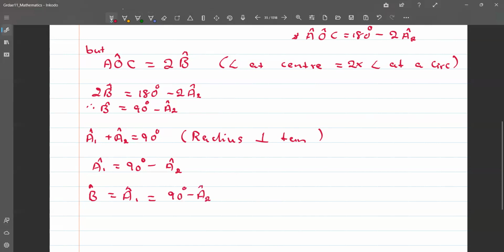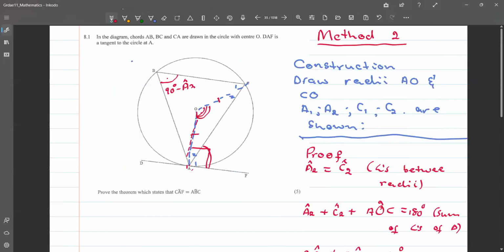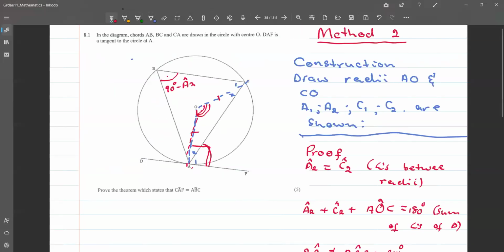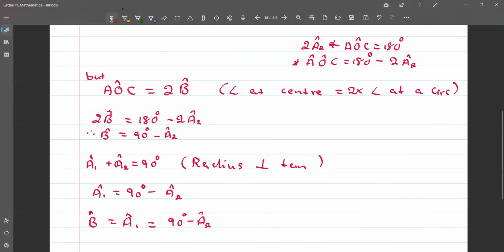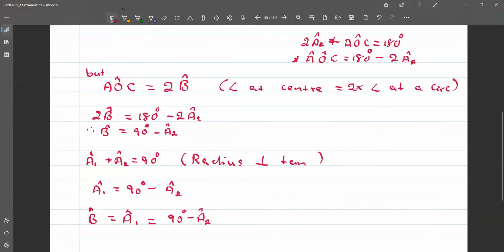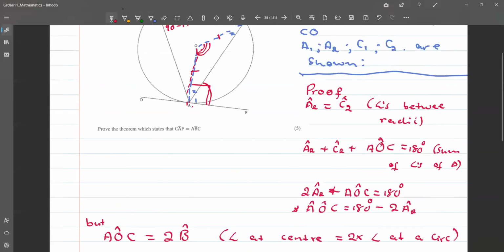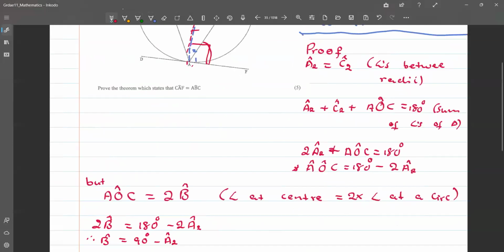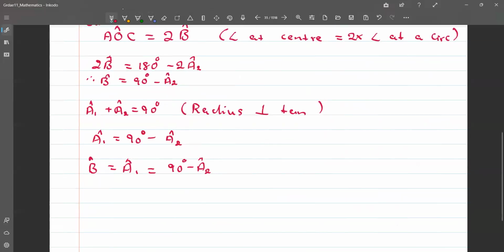Then we write the statement. Therefore, that is true, because remember, B is this angle here. It's ABC, right? And then A1 is CAF. So we can say, therefore, angle CAF.